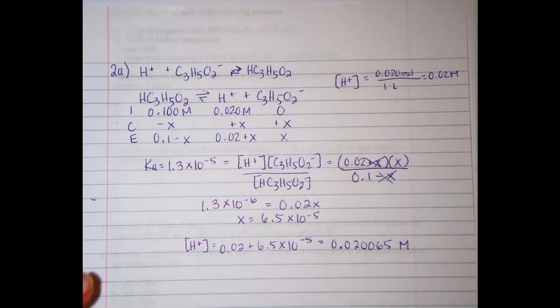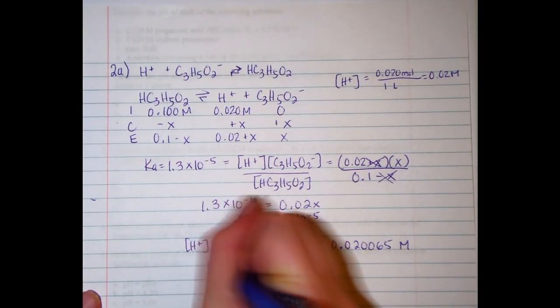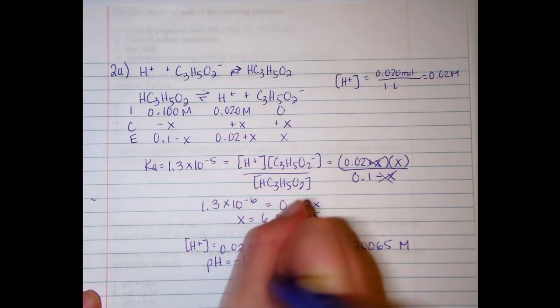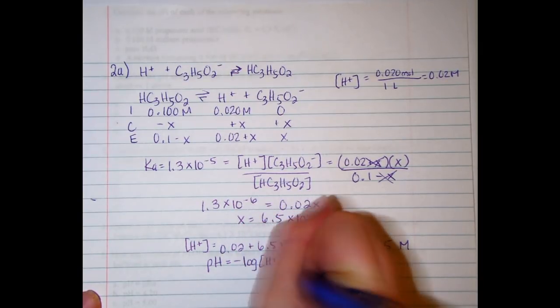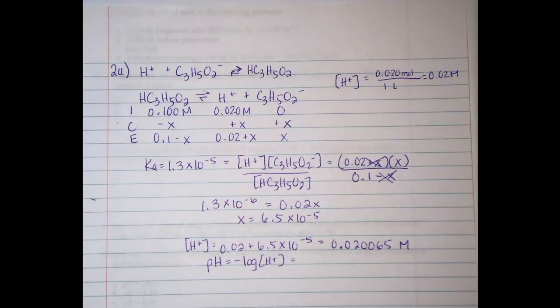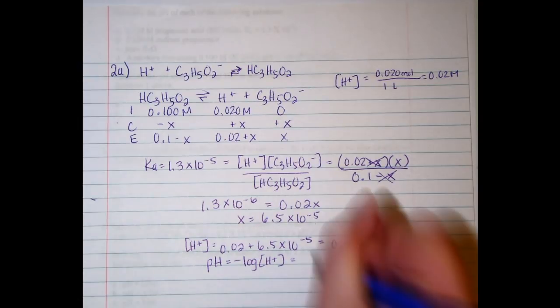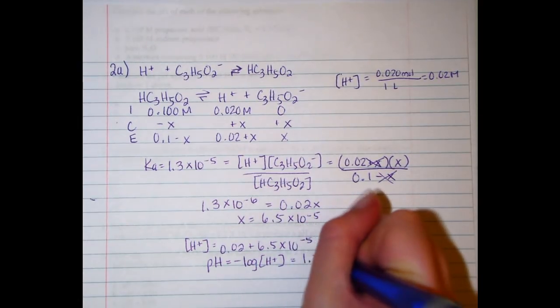Now, if I wanted to find out the pH, I would simply take the negative log of that answer, and you can put that in your calculator right now. And for my pH, I get that the pH is 1.70 once I round.